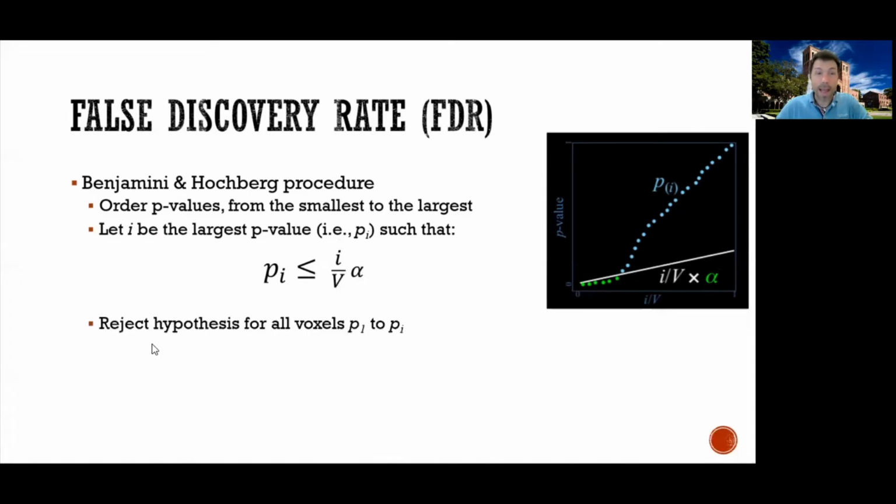Then all the voxels from 1 through i, from P1 to Pi, you call significant. So you reject the null for those voxels.